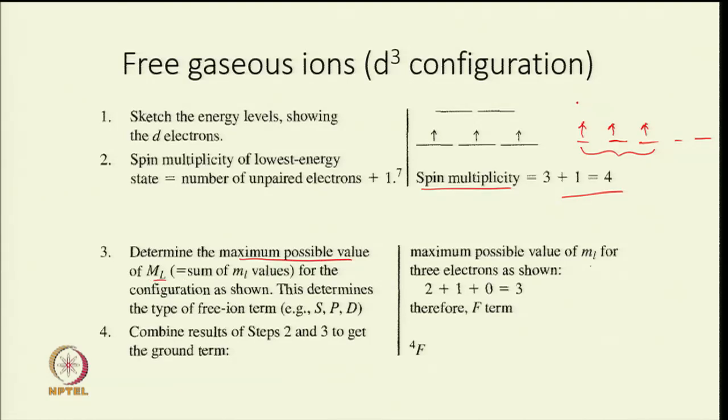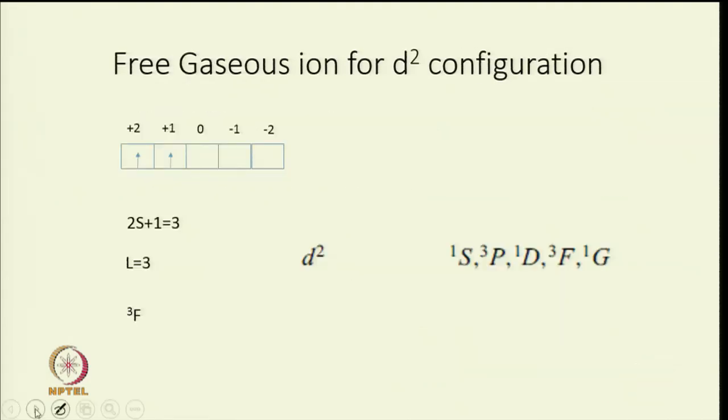The maximum possible values are 2, 1, 0, so L is 2 plus 1 plus 0, which is 3. Remember, 0 corresponds to S, 1 to P, 2 to D and 3 to F. So you have an F term and a spin multiplicity of 4, and so the ground state for d3 configuration is 4F. Similarly, you can calculate for d2 configuration.